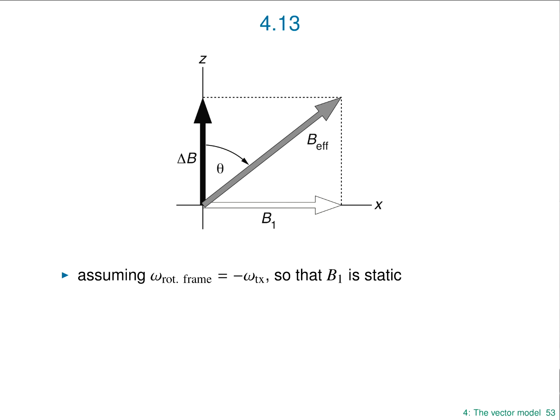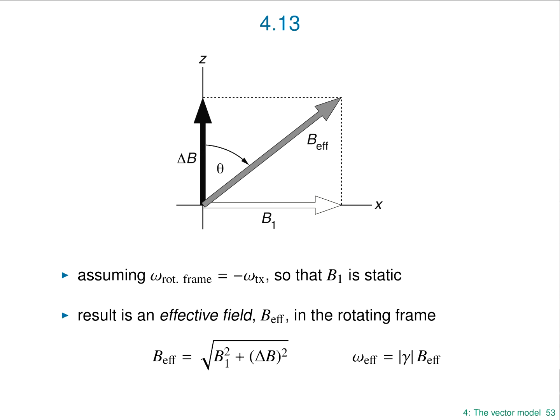And then the spins experience B effective, which is the vector sum of these two. So you recognize the geometry there, that B effective is just the vector sum of delta B and B1. So for example, you can work out what B effective is just from Pythagoras, the square root of B1 squared plus delta B squared. So in this rotating frame, the spins experience B effective. That's the key point.